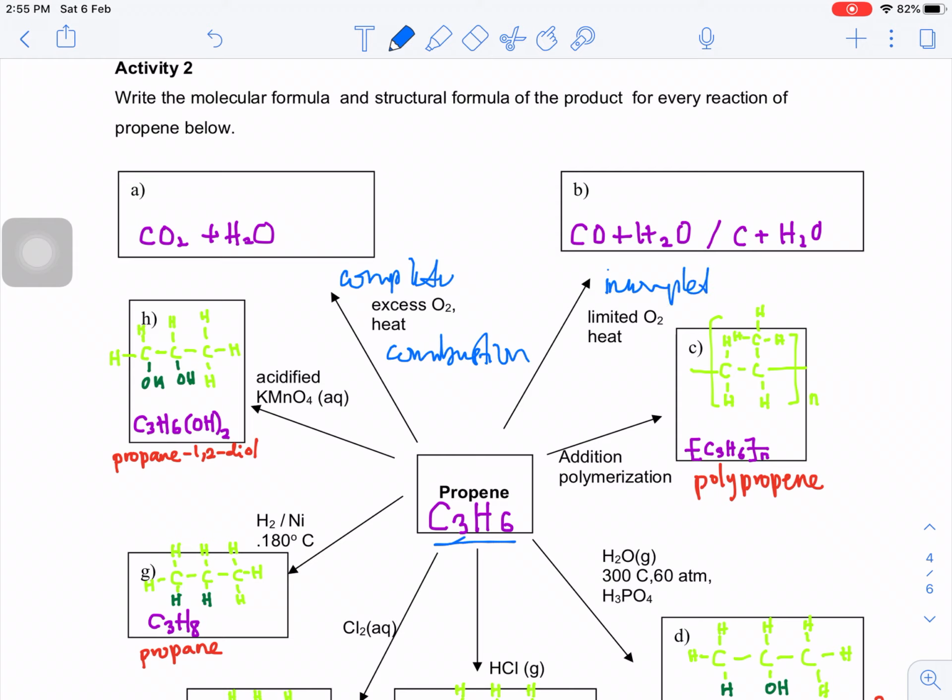Incomplete combustion. So, complete combustion, we produce carbon dioxide and water. Where incomplete combustion will produce carbon monoxide and water, and also carbon and water. So, this one we call it soot.